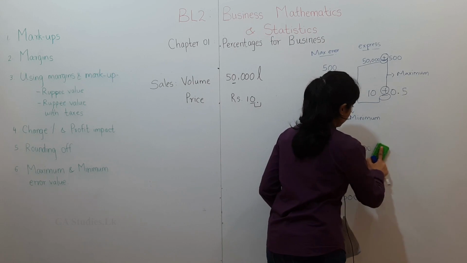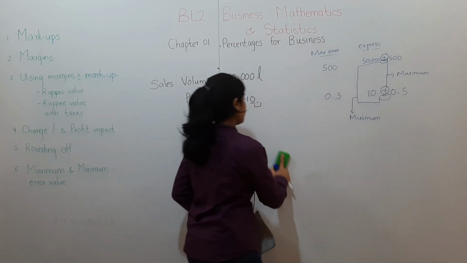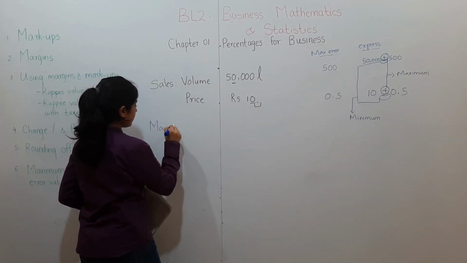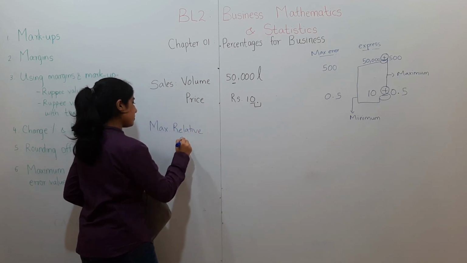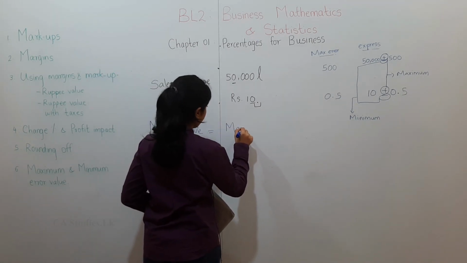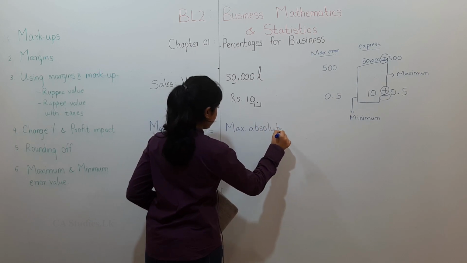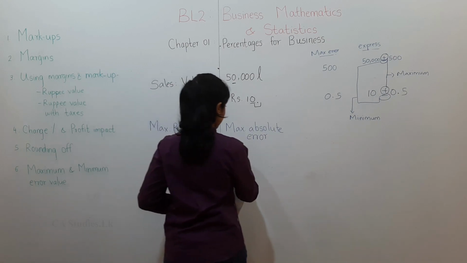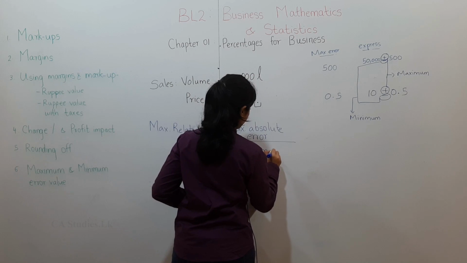Okay. So in the maximum relative error, what is the formula? Maximum absolute error divided by the estimate, the rounded figure, into 100%.